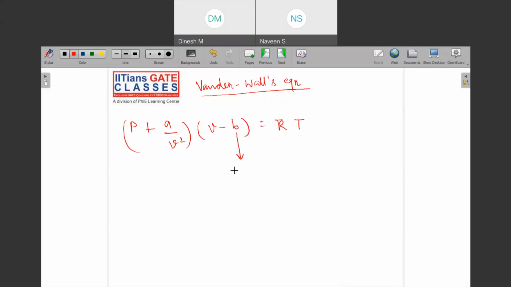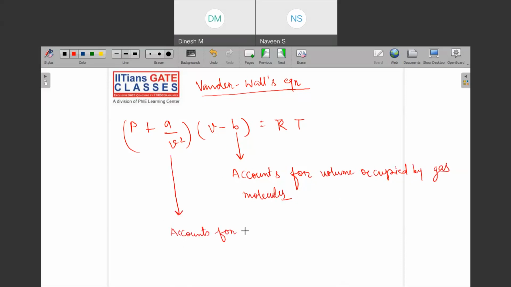So this accounts for the volume occupied by gas molecules. And this accounts for intermolecular forces.